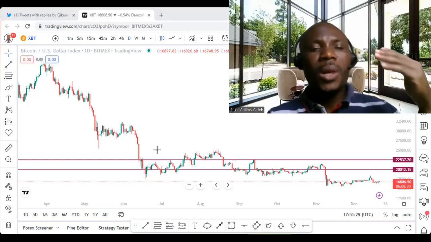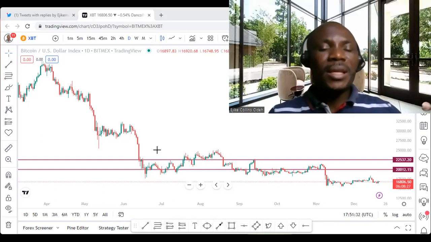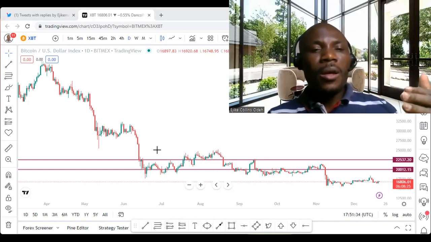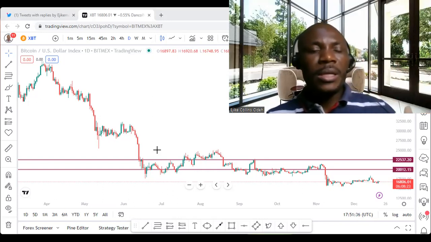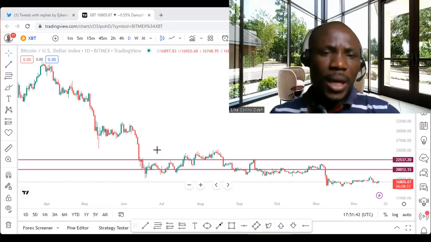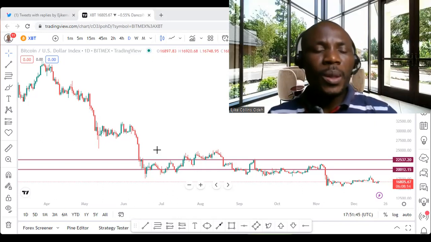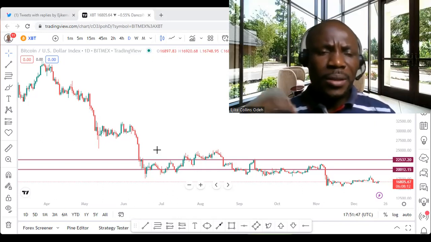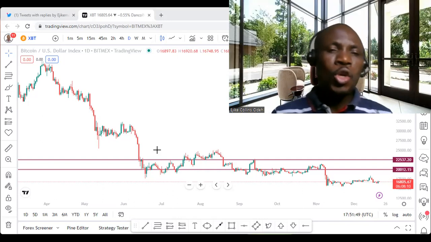We know the basis of price action: the market is making lower highs and higher lows.